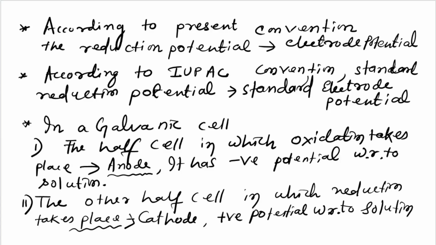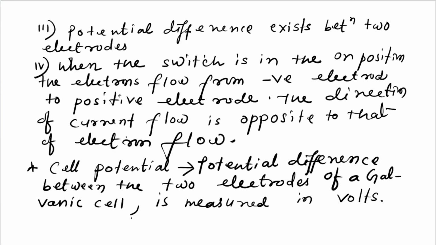In the anode, oxidation takes place with negative potential. In the cathode, the potential is positive with respect to the solution. So a potential difference exists between the two electrodes, the cathode and the anode.